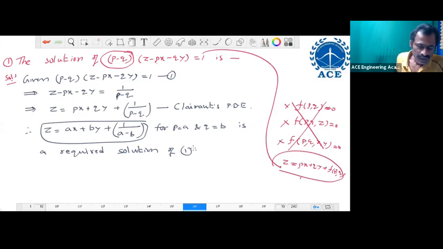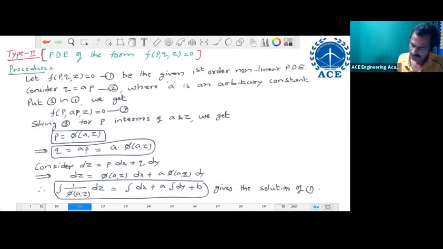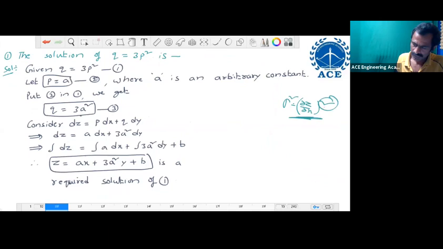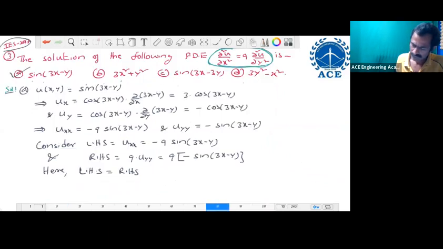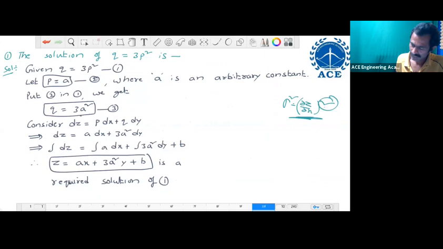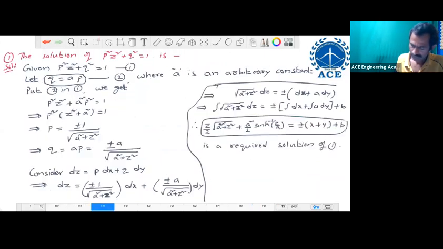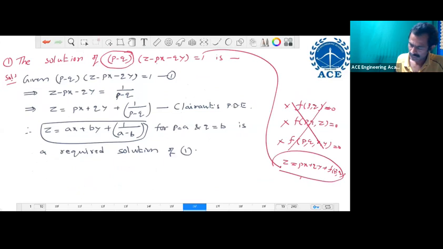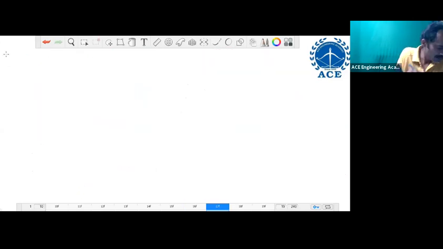Now next we write the other problem on this. The other problem is the IES question that was given in the year 2017. Now I am writing the IES question.